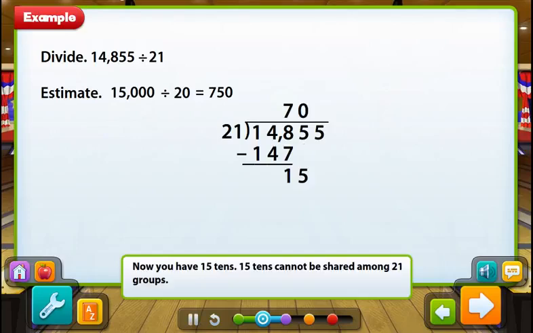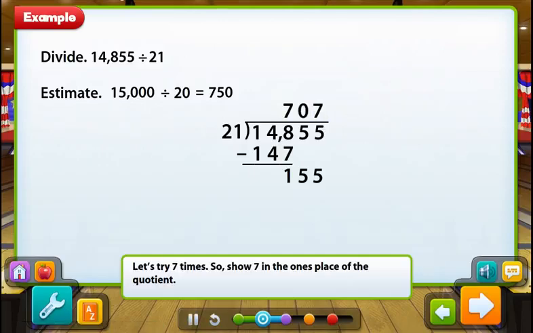Now you have 15 tens. 15 tens cannot be shared among 21 groups, so place a 0 in the tens place of the quotient. Regroup the tens as ones. Now you have 155 ones. How many times does 21 divide into 155 ones?